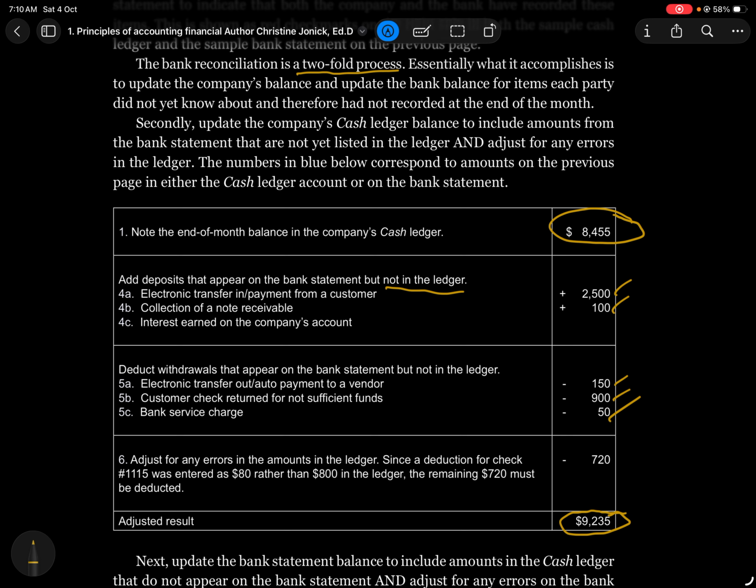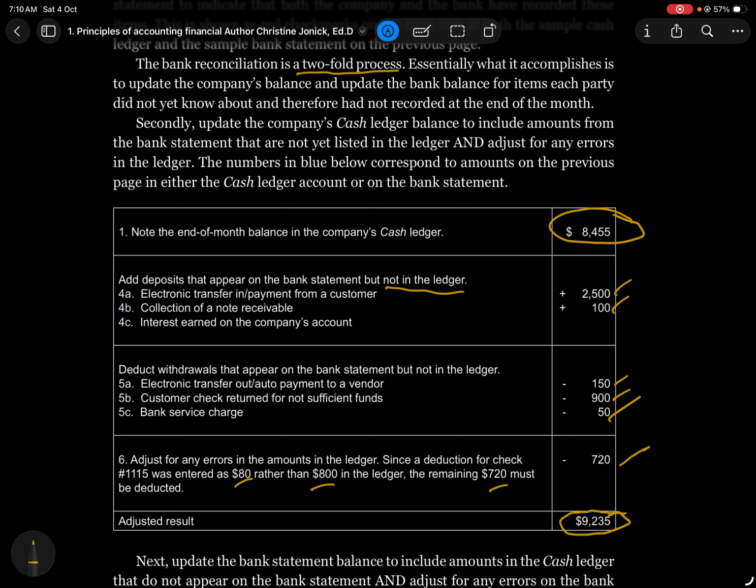And adjust for any errors in the ledger. For example, an amount was entered as 80 rather than 800, so the remaining balance is 720, and we might have to deduct that as well, right?